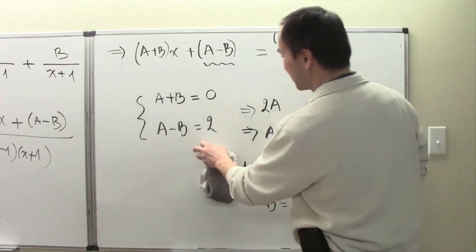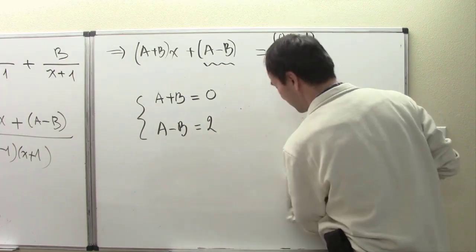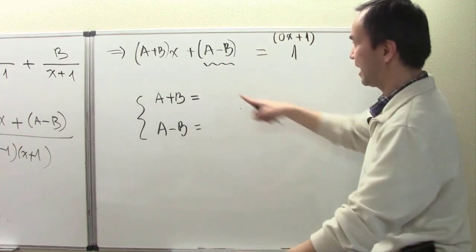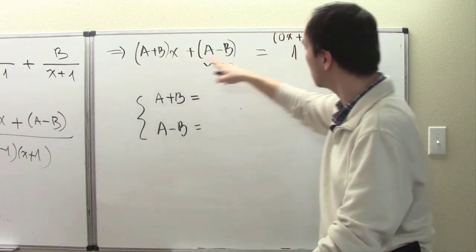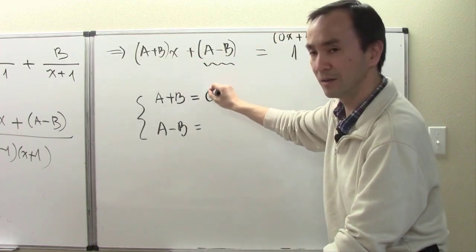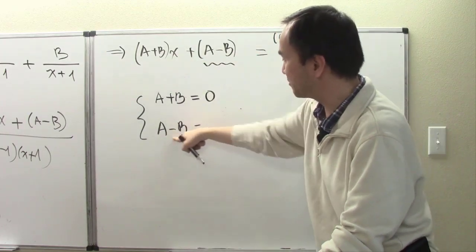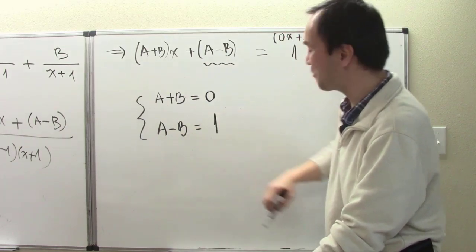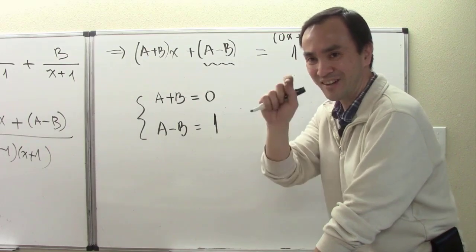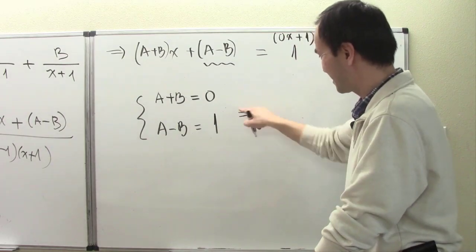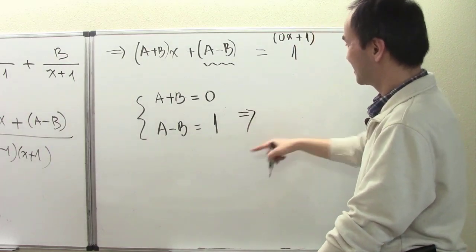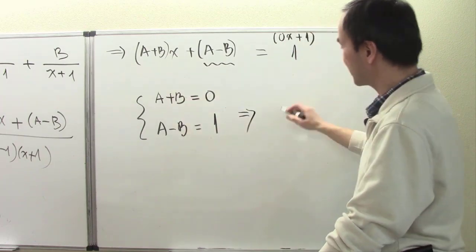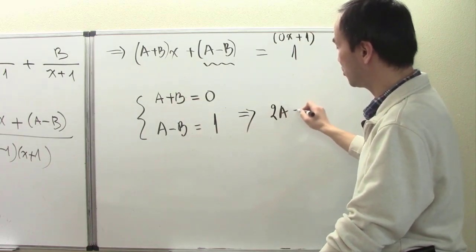So now I'm setting up my linear systems. A plus b needs to be equated with 0. A minus b now needs to be equated with 1. Using elimination methods again, we end up with 2a equals 1.